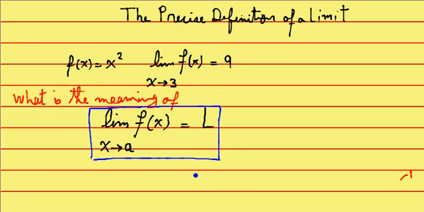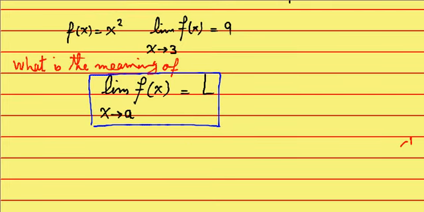Okay, the traditional definition for this uses some Greek alphabet. Let me just introduce you to these before we go on, so that you will be able to read my handwriting. Of the Greek alphabet, what they use here is one letter, epsilon, and another one is the letter delta.